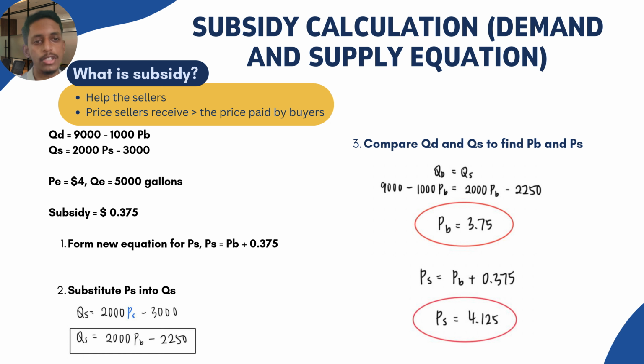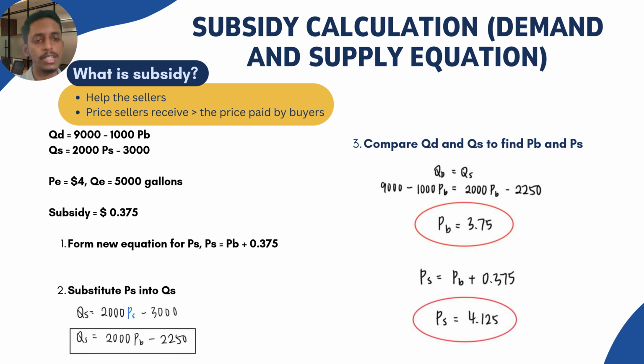Step 1, we define the relationship. We know the seller gets whatever the buyer pays plus the subsidy amount. So we write the equation: PS equals PB plus 0.375. Step 2, substitute into the supply equation. We replace the PS in our supply equation with our new definition.